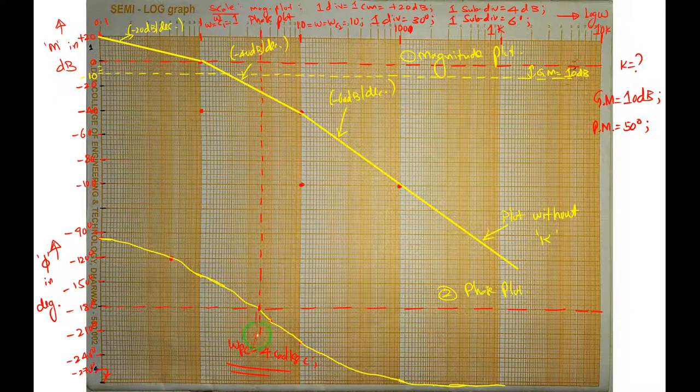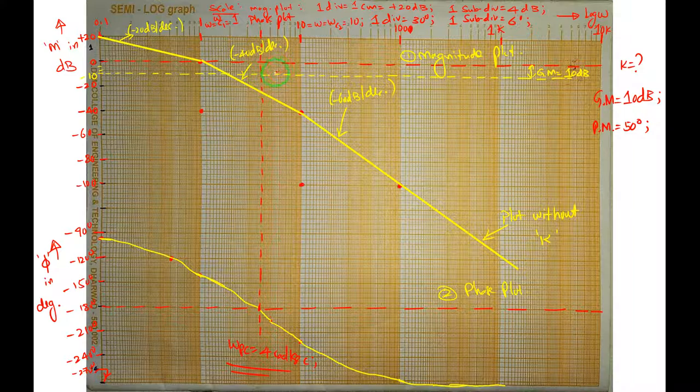Then omega pc, this is the phase crossover frequency wherever the phase plot is crossing. So extend this so that it cuts the magnitude plot here at this point, and this reference line 10 dB, because gain margin is 10 dB, it has to cut here, right? So this line and this line, don't take this 0 dB, you will take this 10 dB, because gain margin is from here to here. So 10 dB, this should be the thing.